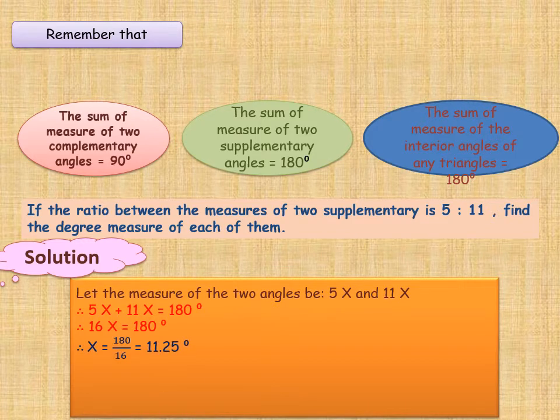I can find the value of x by dividing both sides by 16. So x will be equal to 11.25. How do we find the measure of the first angle and the second angle?